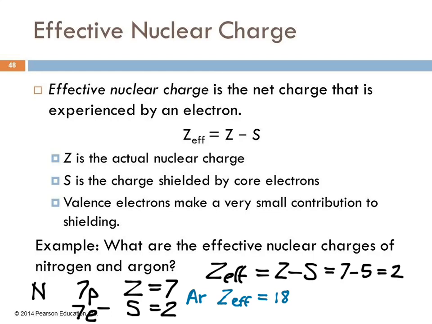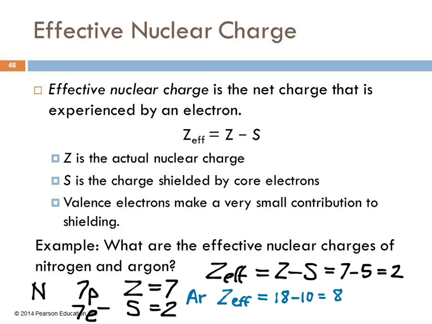How many electrons does argon have? 18. How many valence electrons? 8. So if it's got 18 electrons and 8 of them are valence electrons, how many core electrons? 10. The effective nuclear charge for argon is 8.